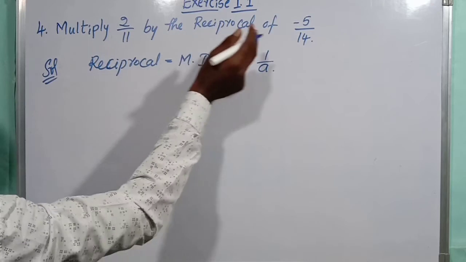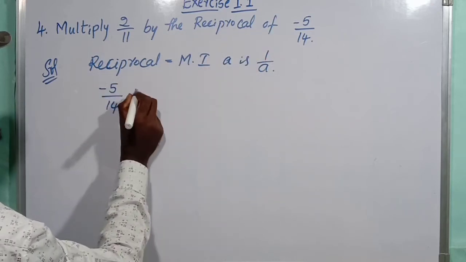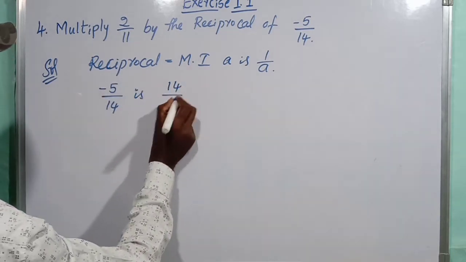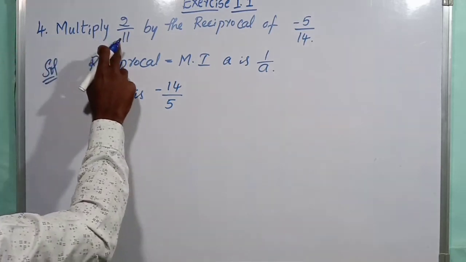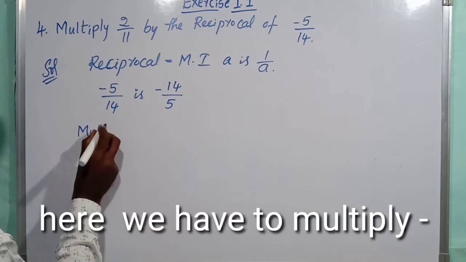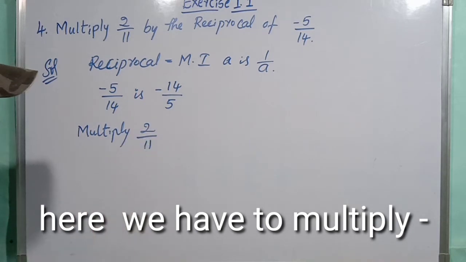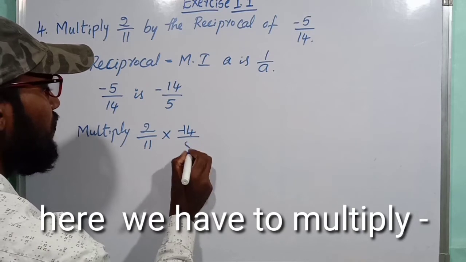Now the reciprocal of minus 5 by 14 is minus 14 by 5. This is the reciprocal. So now multiply 2 by 11. We have to multiply 2 by 11 into minus 14 by 5.